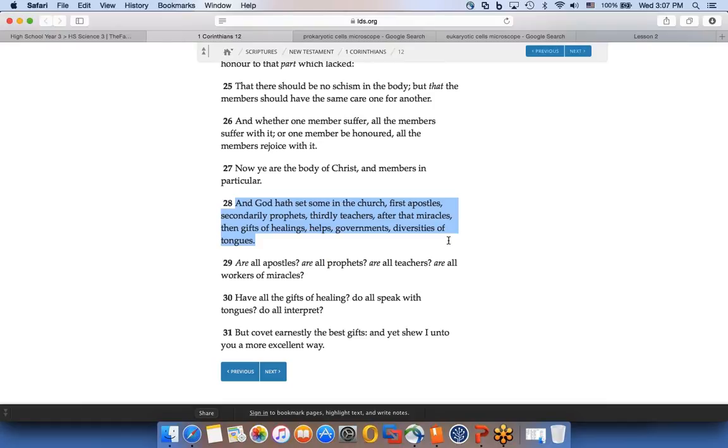So there are many different things in the church, people with different gifts, people with different callings. Are all apostles? Are all prophets? Are all teachers? Are all workers of miracles? Have all the gift of healing? Do all speak with tongues? Or do all interpret? These are rhetorical questions.